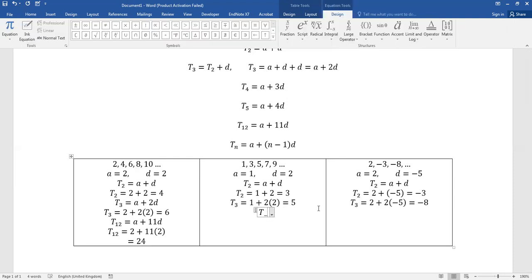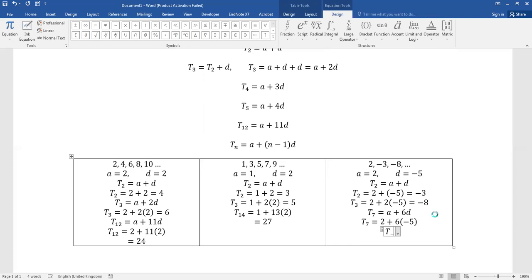If I tell you to find the 14th odd number, a is 1 plus 13 times d, which is 2, so 26 plus 1 is 27. Similarly, if I tell you to find the 7th number of the sequence above, a plus 6d, your a is 2 plus 6 times the difference, which is minus 5.